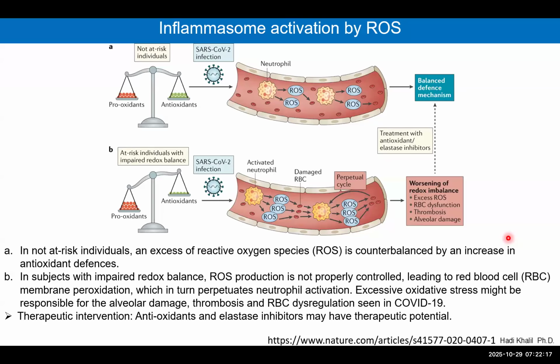So let's take a more complicated scenario, or a very recent scenario, if you want to say. So now you have two people we are discussing, where we are looking at the neutrophil reaction toward the ROS being produced in one individual, who has a very well-fared balance between the production of antioxidants to counterpart the pro-oxidants or reactive oxygen species.